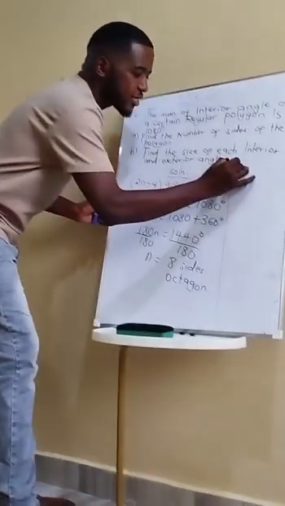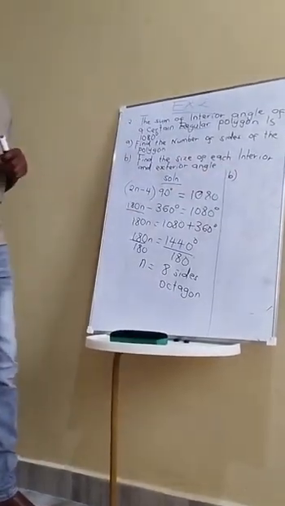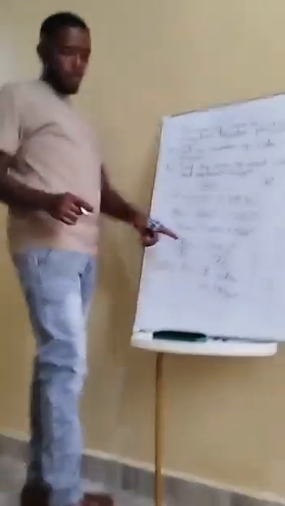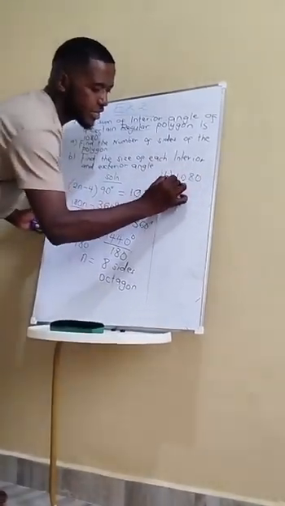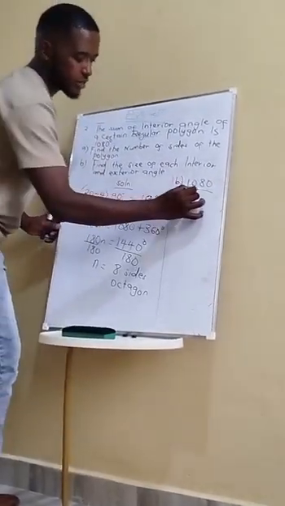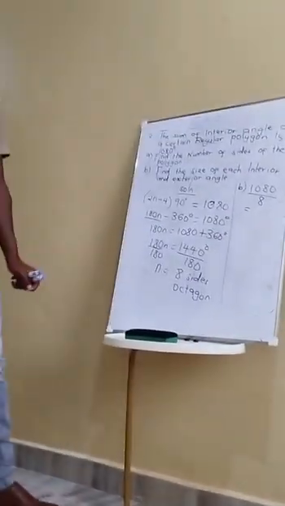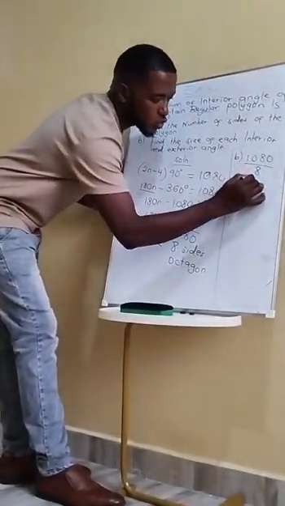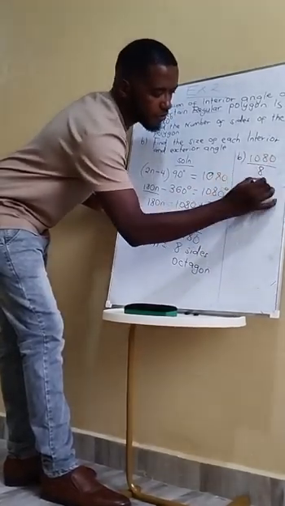Therefore, to get the size of each interior angle, we divide the sum of the interior angles by the number of sides. Therefore, it becomes 1080 degrees divided by 8.